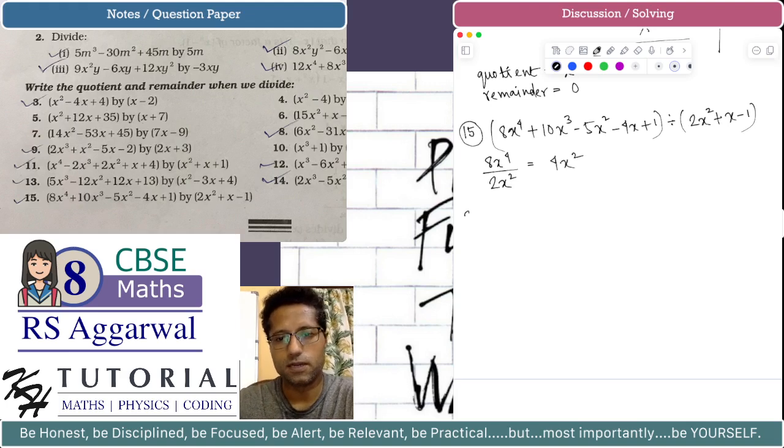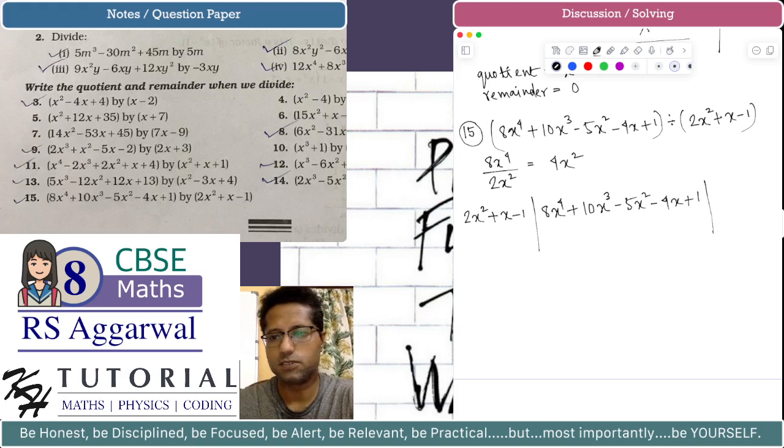Okay, so we start the division process. The divisor is 2x square plus x minus 1. The dividend is 8x to the power 4 plus 10x cube minus 5x square minus 4x plus 1. So the first term of the quotient is 4x square, and we have to find the product of 4x square and the divisor and subtract that from the dividend.